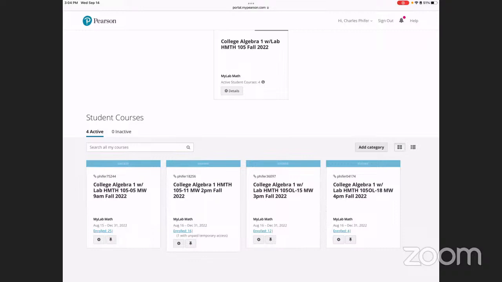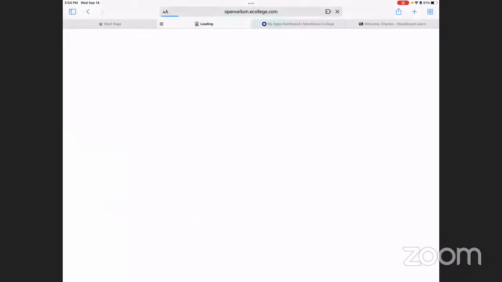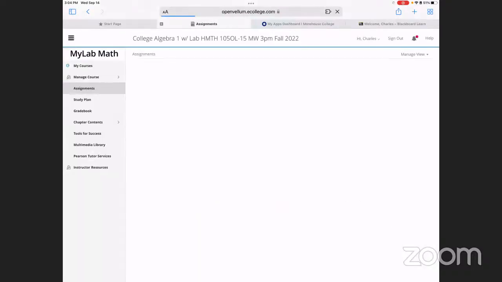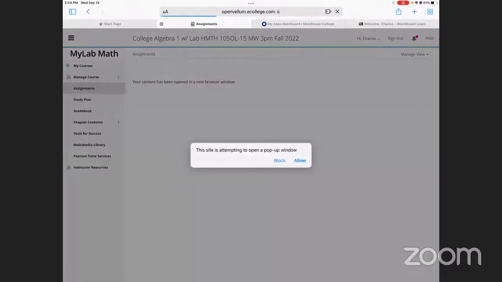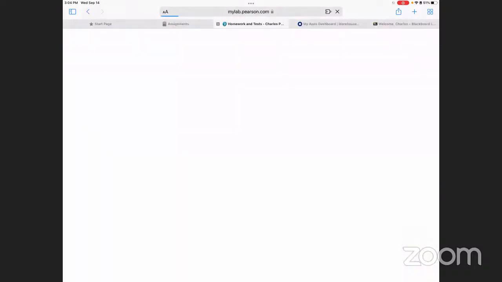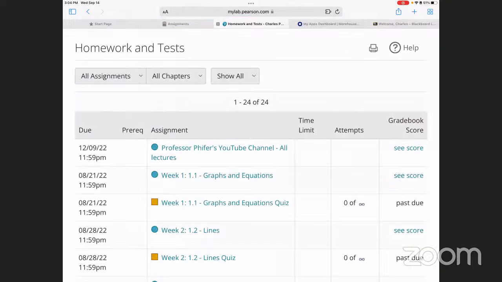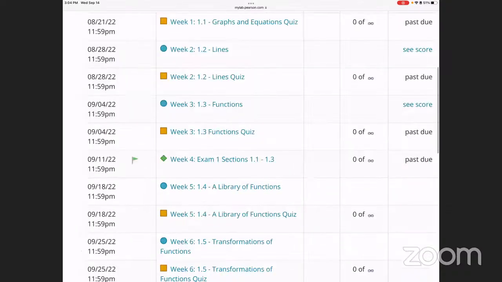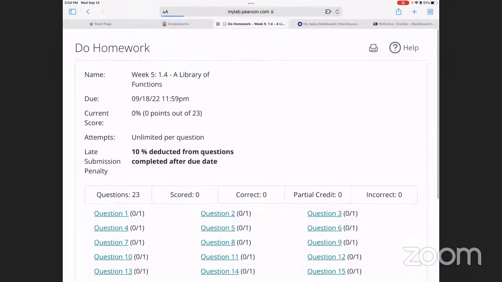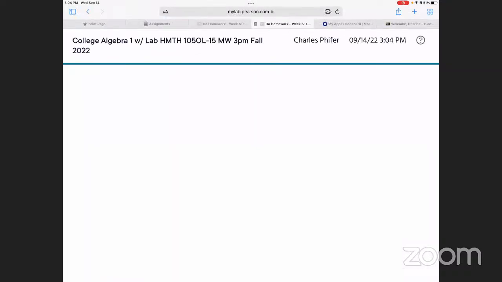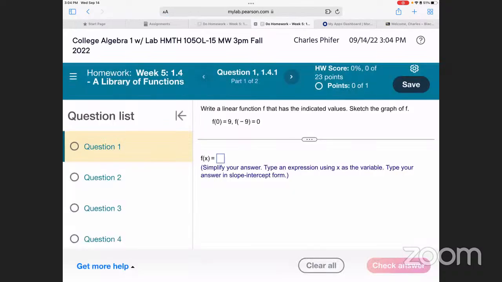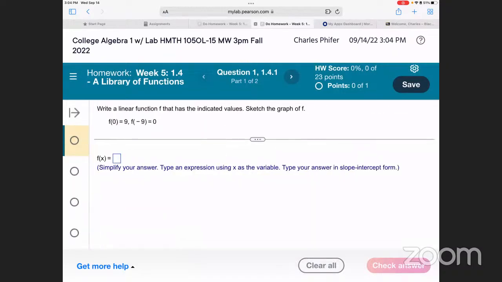This is 1.4. All right, this question asks us to write a linear function that has indicated values and sketch the graph.